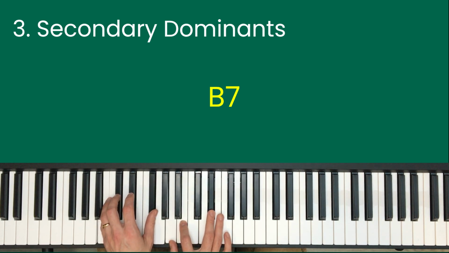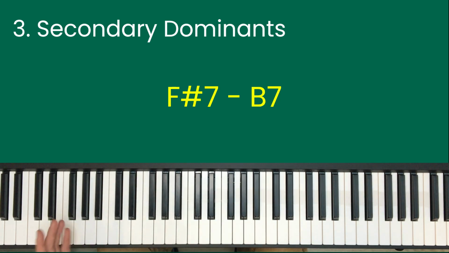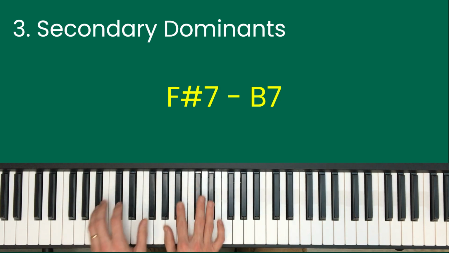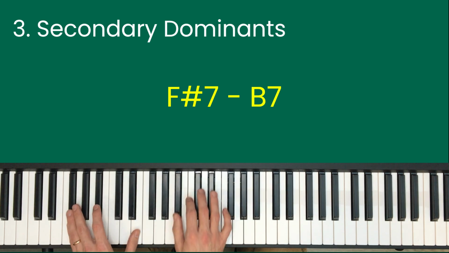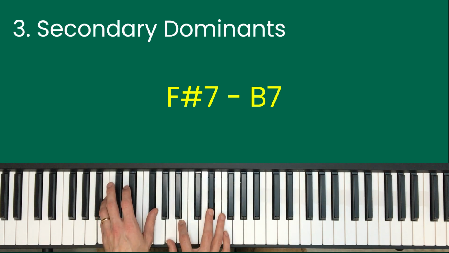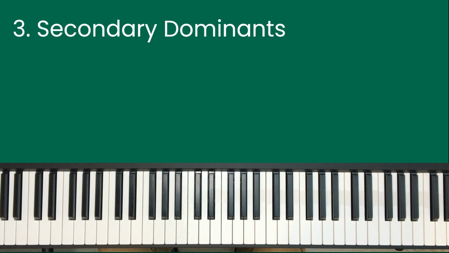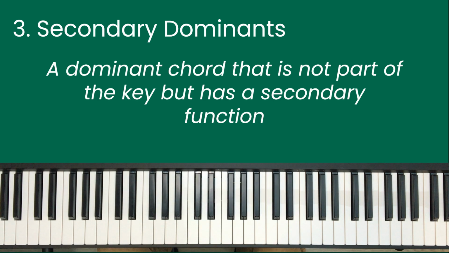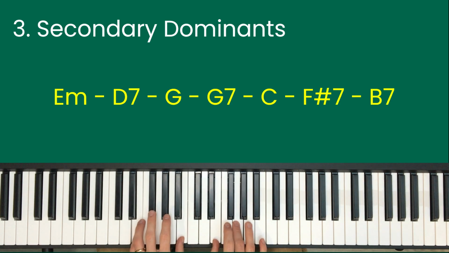B7, the 5 chord for B would be F sharp, so that gives us F sharp 7. Those are secondary dominants. They're secondary to the key, but we can think of each individual chord as having its own 5 chord, and that gives us this idea of secondary dominance. So if we do that, start off with our E minor.